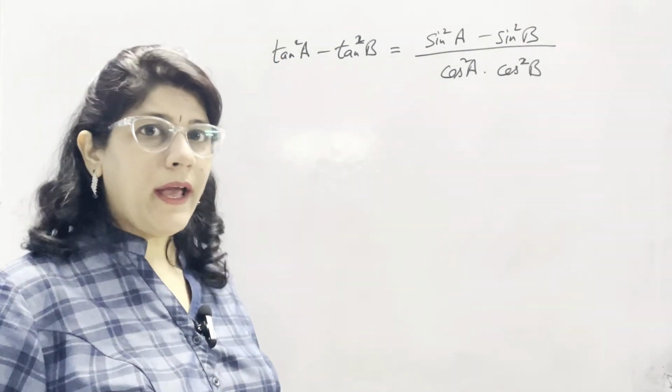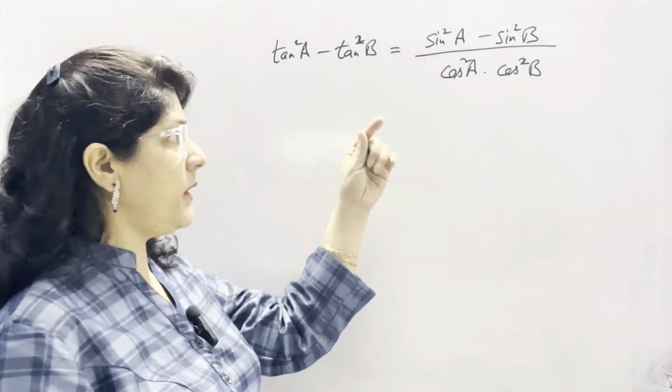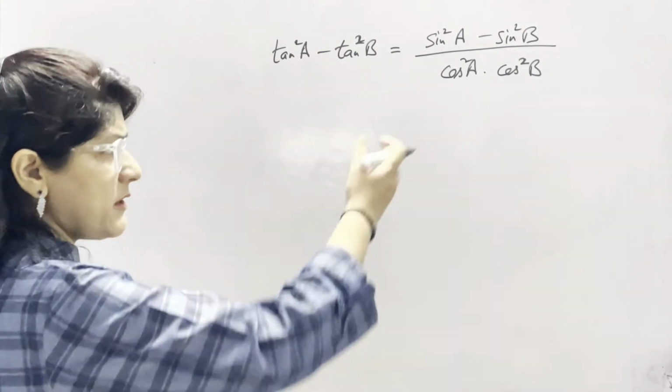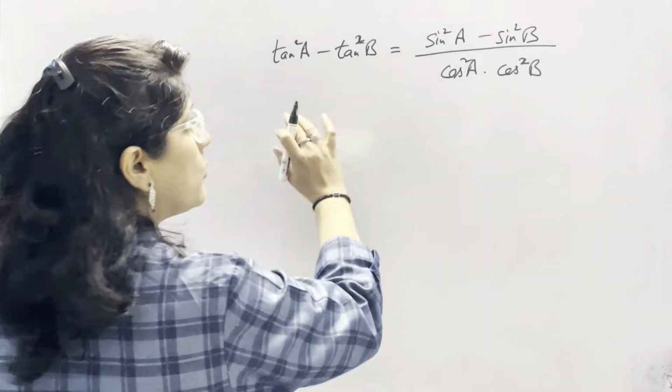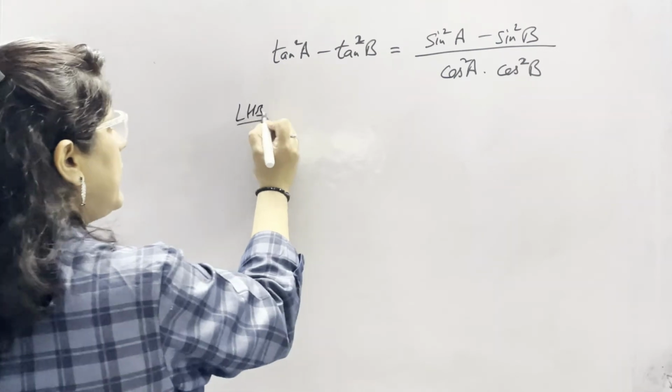Normally we will get one angle with the trigonometrical identities, either A or theta or B, but here I am solving a very simple question with A and B, two different angles. So go with simple rules, taking the left hand side.